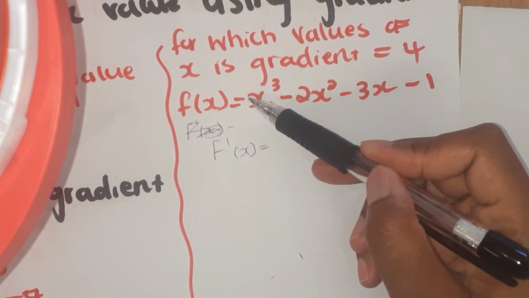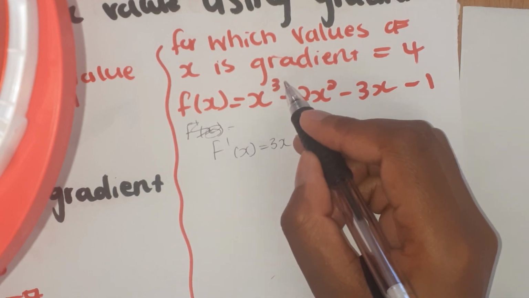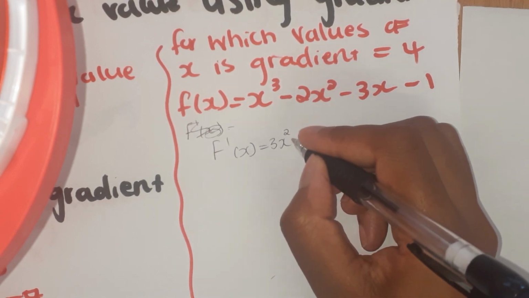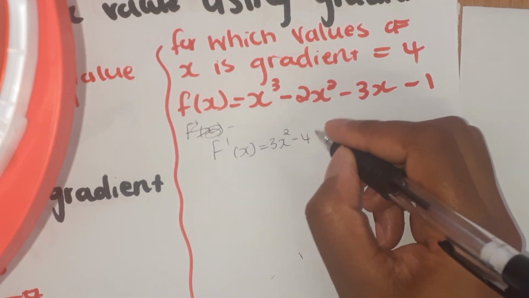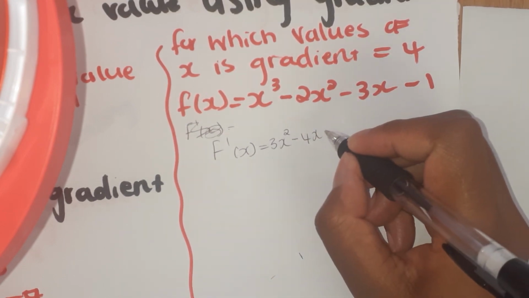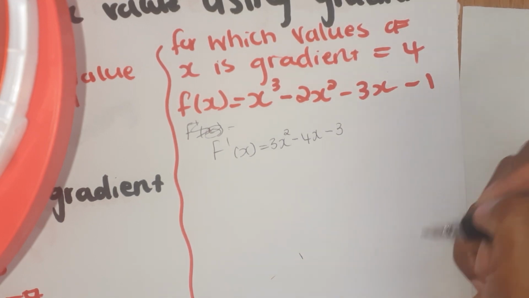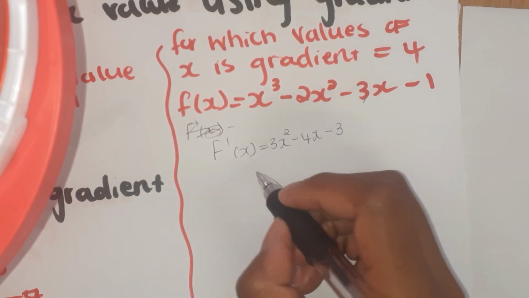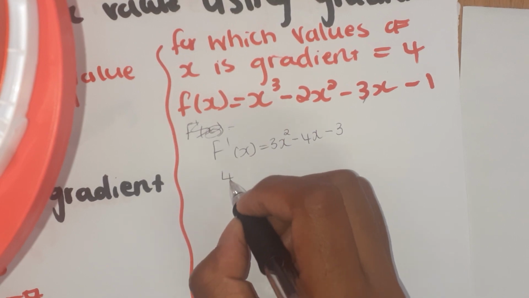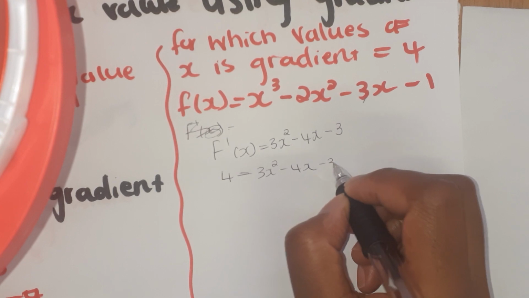So we say 3 times this one here, that will be 3 times 3 minus 1, that will be 2, and then this 2 times this negative 2, that will be negative 4 x to the 2 minus 1, that is 1, and then that is minus 1 times 3, it's 3, and then this is 0. So this is the derivative. So we are going to equate this to 4. 4 equals 3x squared minus 4x minus 3.